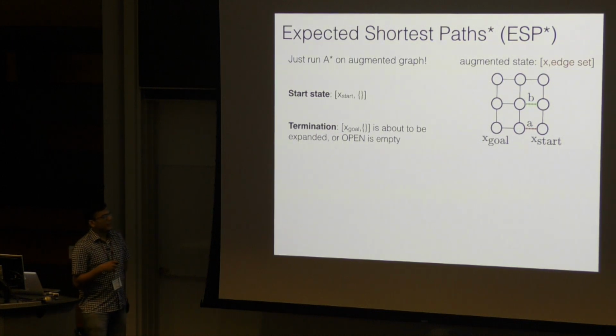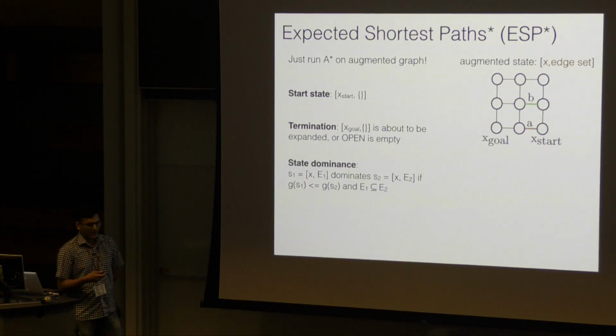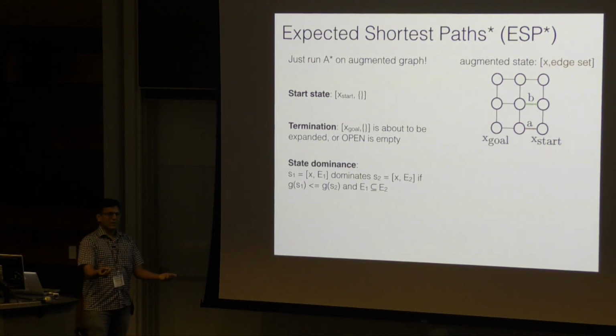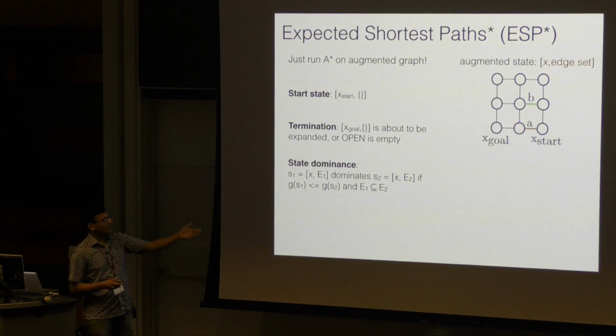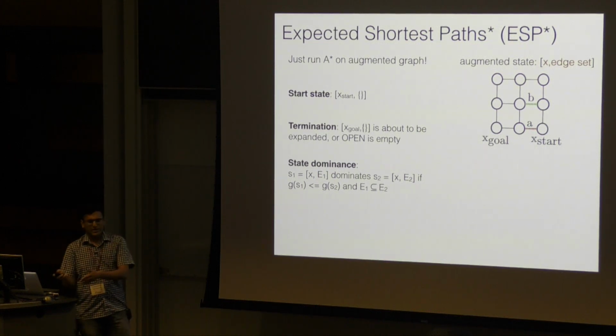And then the key computational efficiency condition we are going to use is this notion of state dominance. Just like how in A star a state dominates another one if its g value is smaller, we are going to say that a state dominates another one if both of them correspond to the same underlying graph state, and if the g value is smaller, and if the edge set traversed is a subset of the other one.